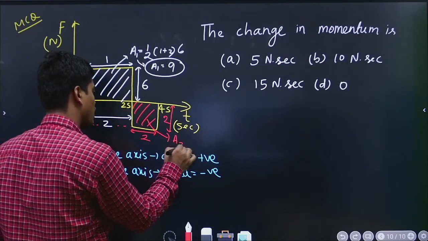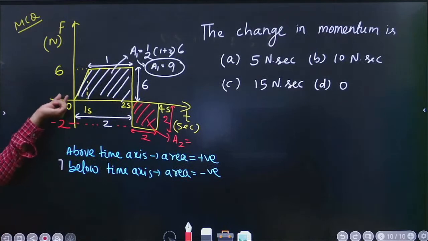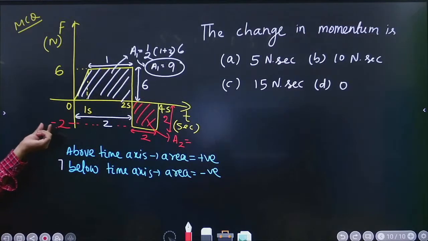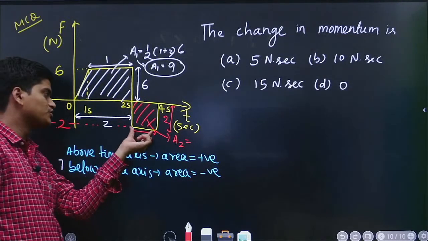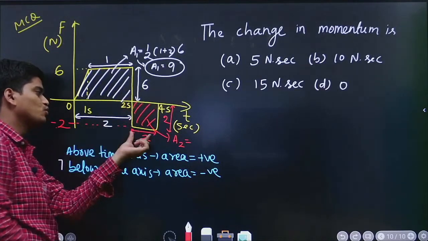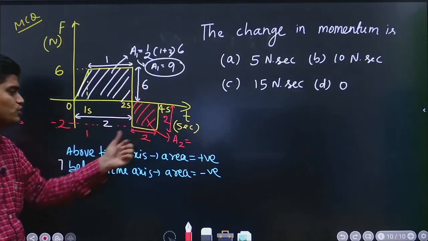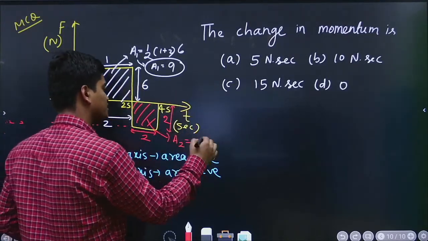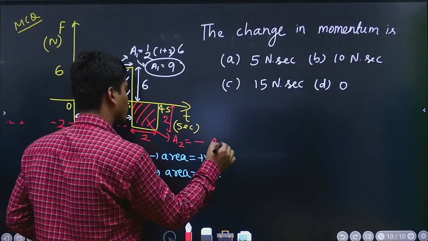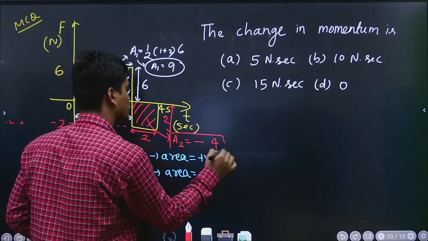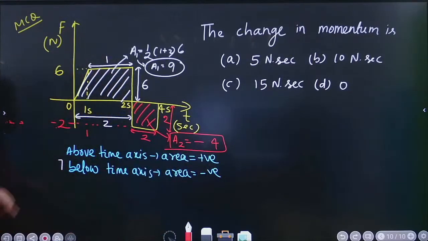This area A2 is below the time axis, so it is a negative area. 2 to 4 difference is 2, and 0 to -2 difference is 2. So 2 into 2 is 4, and it will be -4. A2 is nothing but -4. A2 area is negative, A1 area is positive.